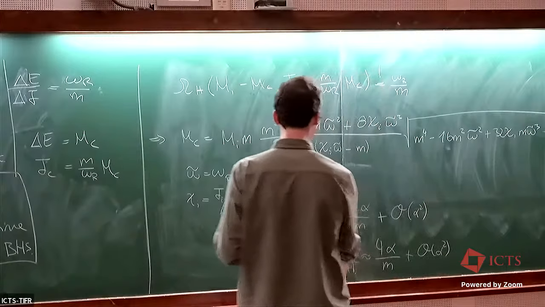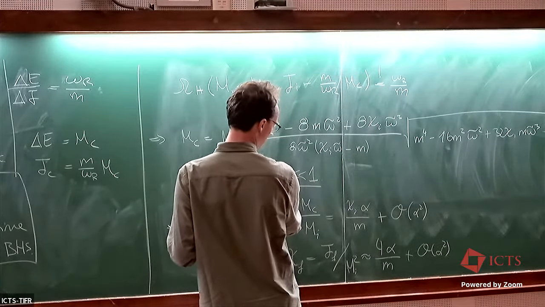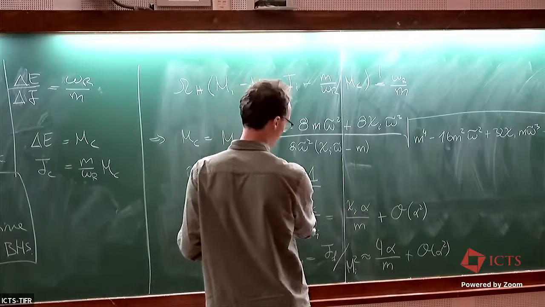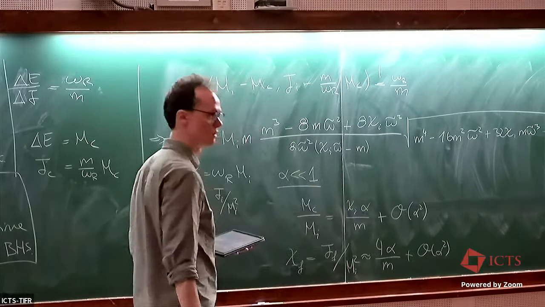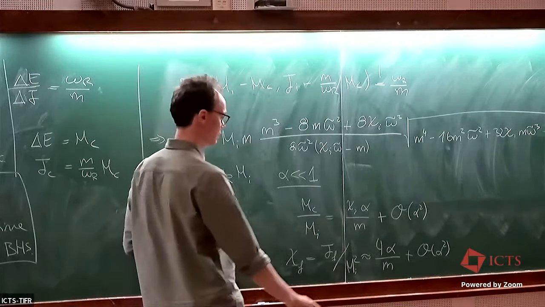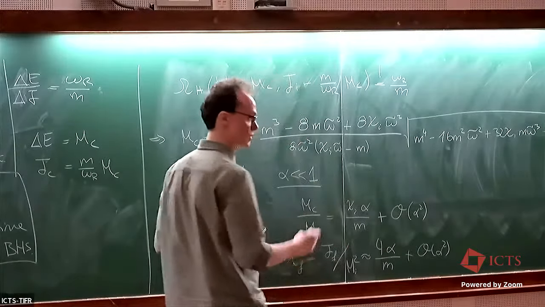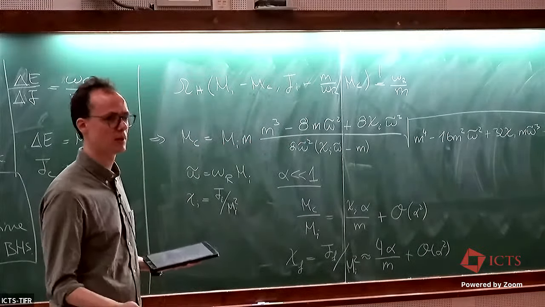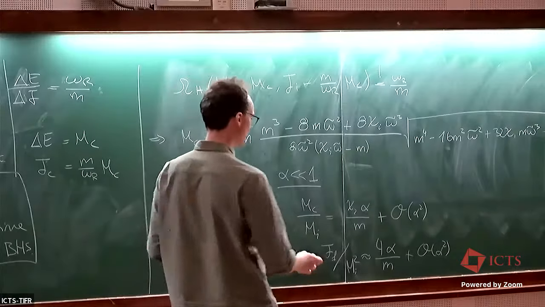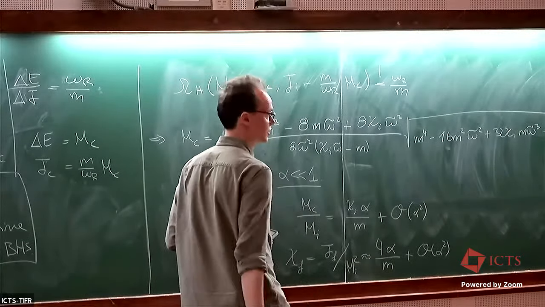Okay, so we know the ratio of the mass of the cloud compared to the initial mass of the black hole is very small for small alpha. And so conversely, we also know that the final mass of the black hole must be roughly equal to the initial mass of the black hole for small alpha.